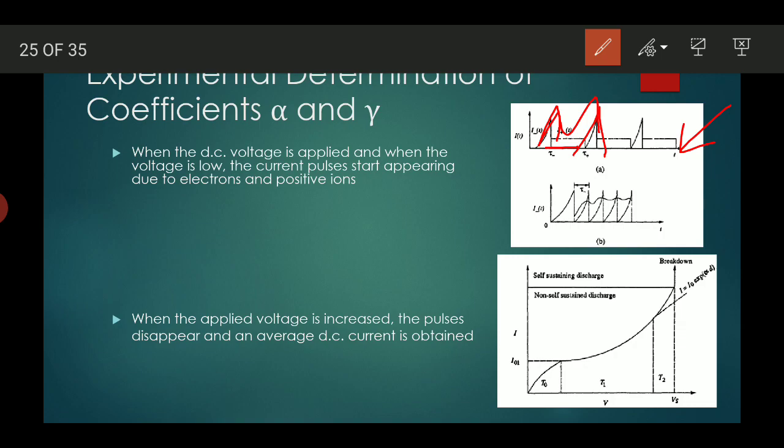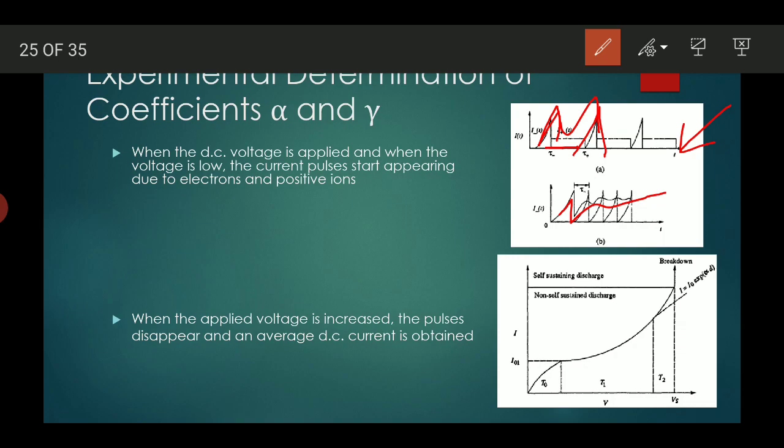When the applied voltage is increased, the pulse disappears and an average DC current is obtained.